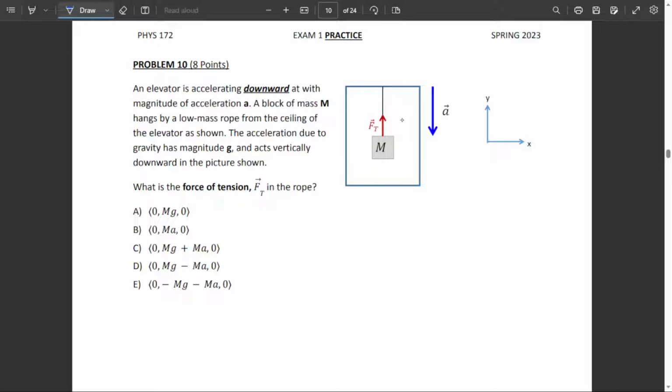So, let's see. The entire elevator is accelerating down, and then on this mass, we're going to have some force of tension and some force of weight. I'll do it in red actually.